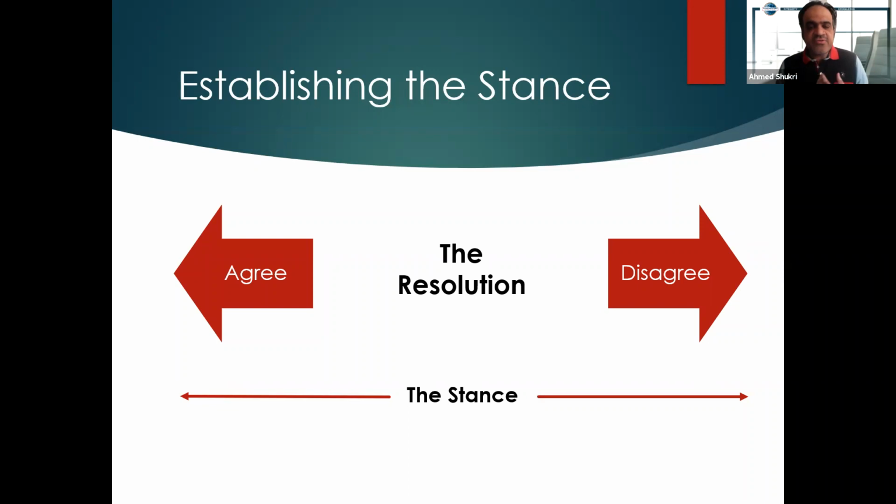That is why it's very important for the best structure of the resolution to establish a firm, unbiased, evenly distributed stance between the affirmative and the negative.